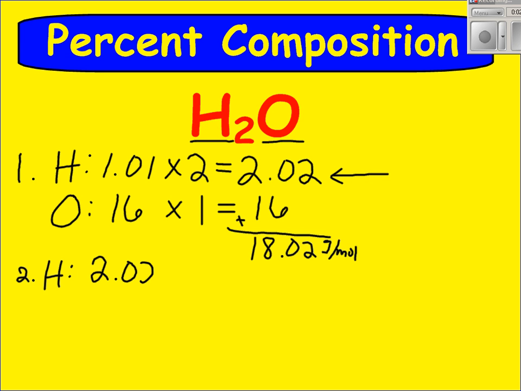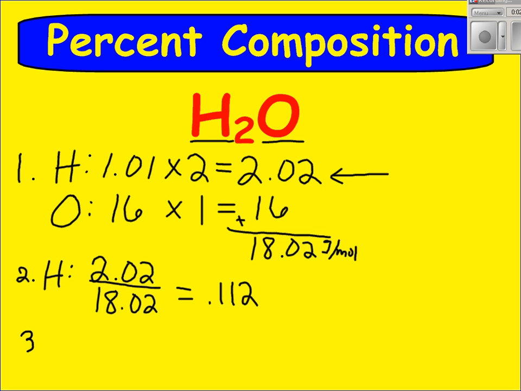Therefore, I will take 2.02 and divide that by the mass of the entire compound, 18.02. If I divide them, I get approximately 0.112 as my fraction.